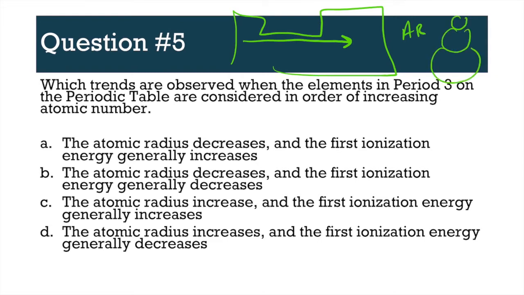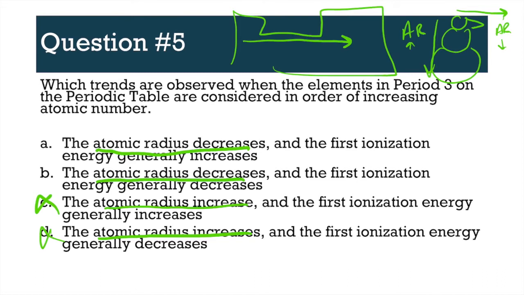As you get big, as you go down, AR will actually increase. And with your snowman nose, as you go across, AR, or the atomic radius, decreases. So as we're going from left to right, we want atomic radius to decrease. So we can get rid of answer choices C and D.